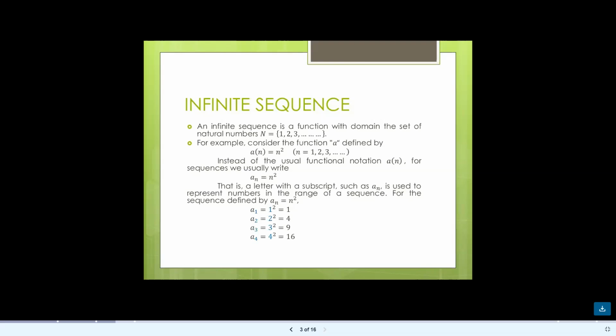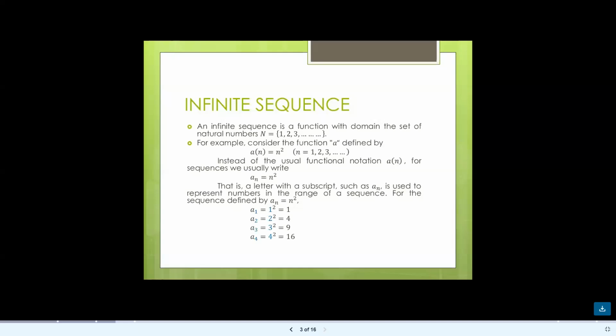So here they're telling you that an infinite sequence is basically one where the domain is a set of natural numbers, and you know that the natural numbers go on and on and on infinitely, right? And here is one. So the sequence is 1, 4, 9, 16. That sequence goes on and on, right?